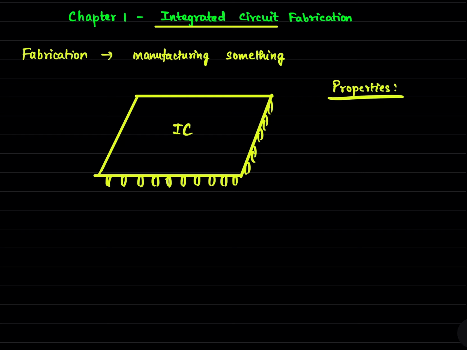Some of the properties of these integrated circuits include that they have components which are very small. It is a miniature, meaning small, electronic circuit, and they are low cost, which is a really important feature when we come to the industry point of view.